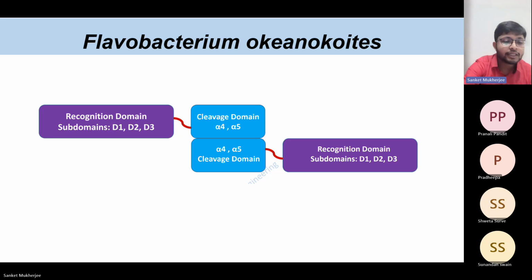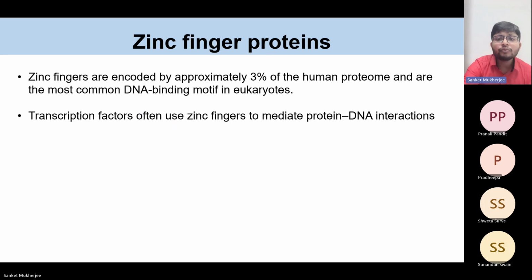So that's the idea. Now we will talk about zinc finger proteins. Only these two proteins, zinc finger proteins and FOC1, have been discussed this week. Zinc finger proteins are approximately 3% of the human proteome and are the most common DNA binding motif in eukaryotes.